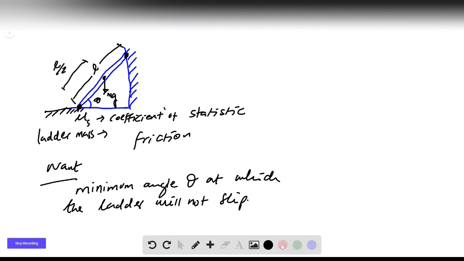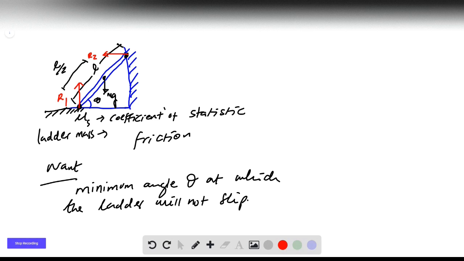So we have to think about the forces and the reactions in the x and the y direction. So there's an initial reaction right here. Let's call that R1, and we also have another reaction here. Let's call that R2. That's the second reaction.